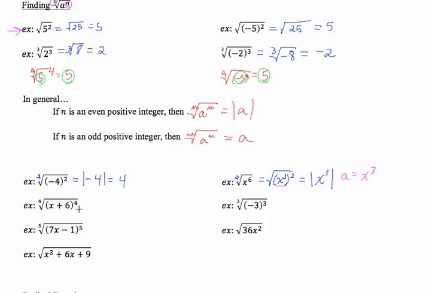On this next one, we have the fourth root of x plus 6 in parentheses, all to the fourth. Now x plus 6 is all in parentheses, so we can treat it as its own quantity. We're taking the fourth root of something to the fourth. 4 is even, therefore we're going to use the absolute value rule. So it would be the absolute value of x plus 6. Now you have to keep those absolute values on both of these previous problems, because if x is negative, those absolute values are needed.